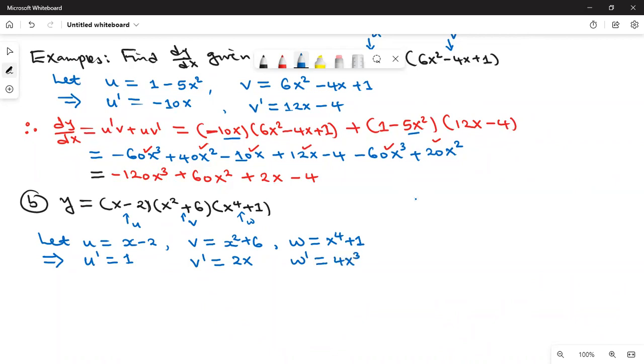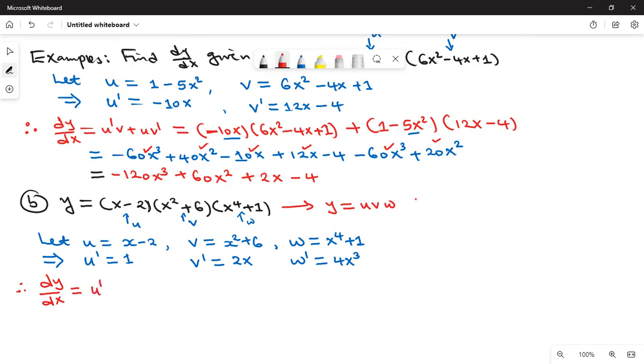So therefore, we now need to find dy dx. You see from here, it means y is equals to u times v times w. So to get dy dx, you start by differentiating the first function, keeping the others constant. So we'll have u prime.